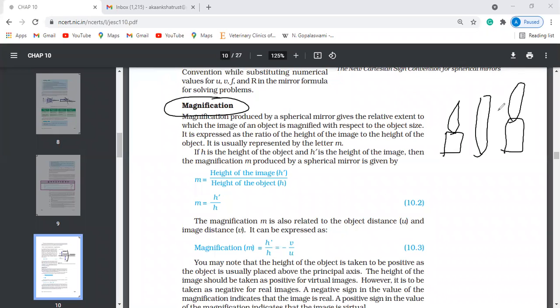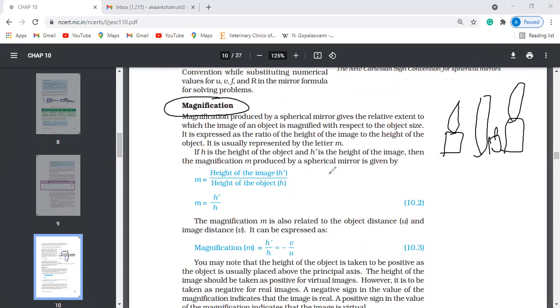The height or size of the image has been changed because of the lens, so we call it a magnified image. Or the magnification could be less. For example, if you keep some lens here and the candle looks very small compared to this, that's also called magnification.